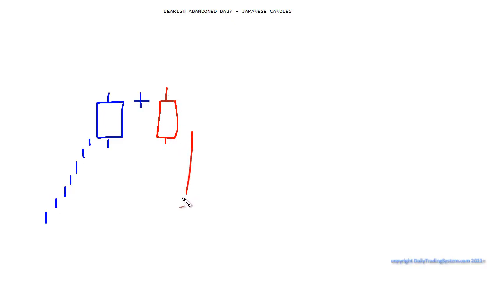Then your confirmation bar on the next bar, and then it should come back down. If it fails, then it's most likely going to go back up.